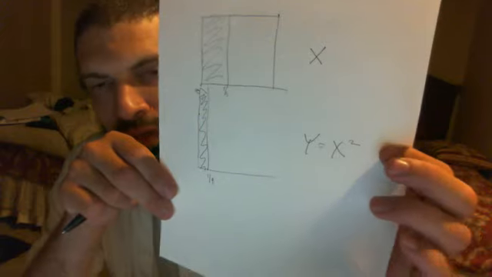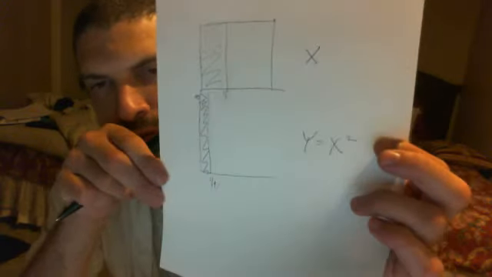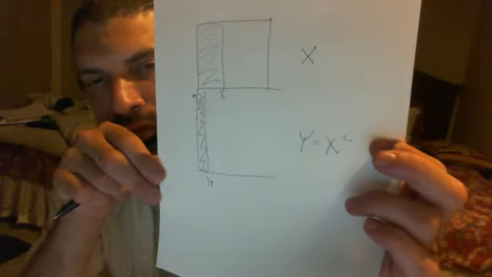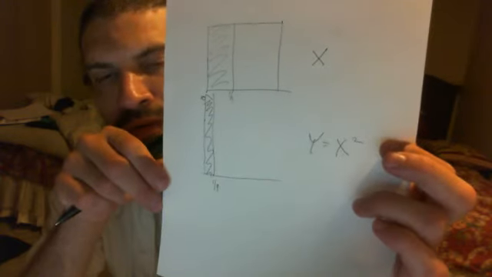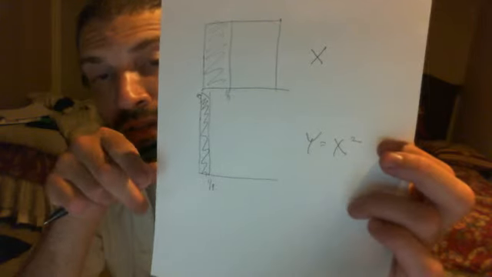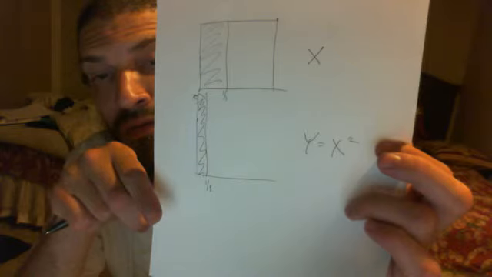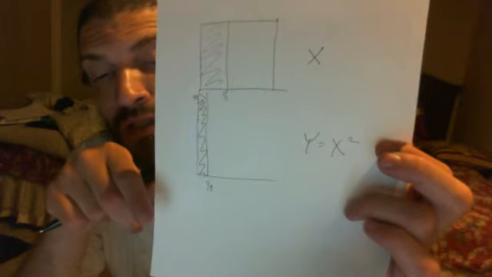Y is equal to x squared means that whatever ground gets covered when x is a third gets covered here when y is a ninth, when y is x squared.